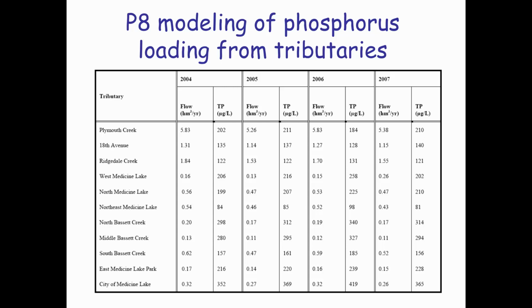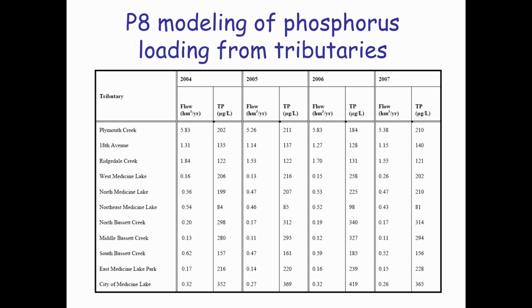I think I mentioned before there were 10. There are 11 sub-tributaries. The study was done for the period from 2004 through 2007. The P8 modeling was used to predict flow and total phosphorus in these sub-tributaries, all contributing to Medicine Lake.